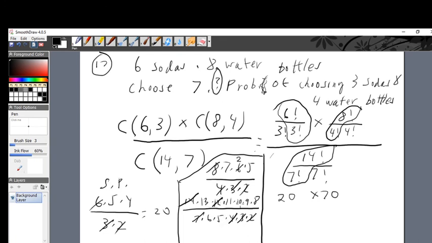6 will go into... 3 goes into 6 twice. 3 goes into 9 3 times. Okay. What else do we have? The 5 and the 2 are 10, so we can cross that out. 5 times 2 is 10. This can cross out.